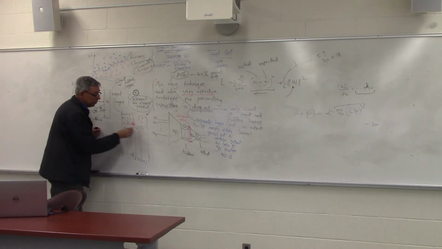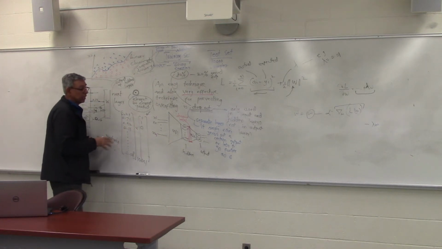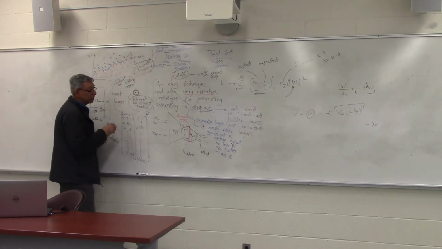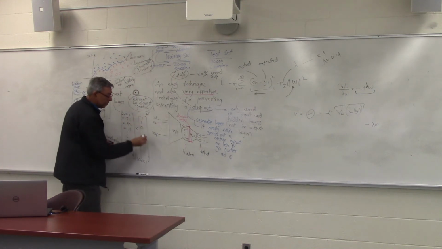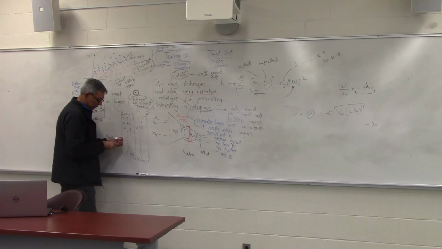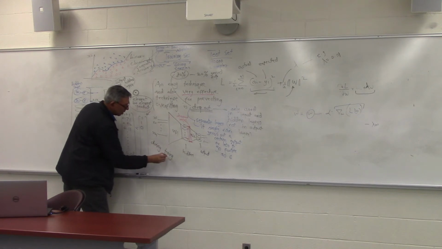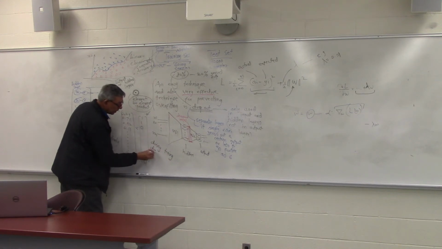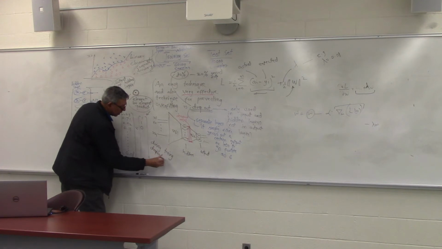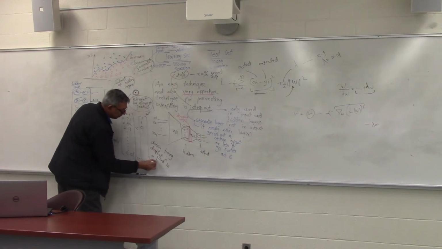And by the way, during training, okay, let me also mention this. During training, okay, dropout is used in a random manner. What do I mean in a random manner?